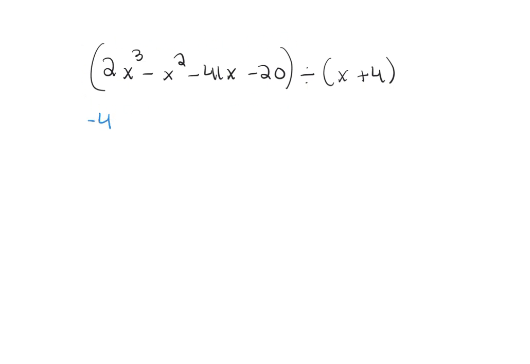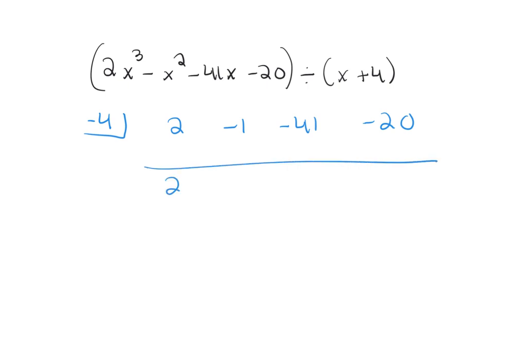So -4, and then I've got 2, -1, -41, -20. And then let's do synthetic division. Okay, so there's my remainder 0, verifying that this is a factor.